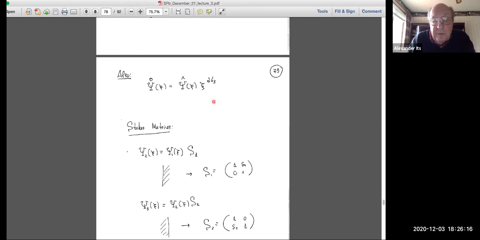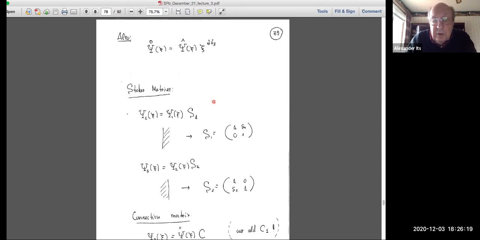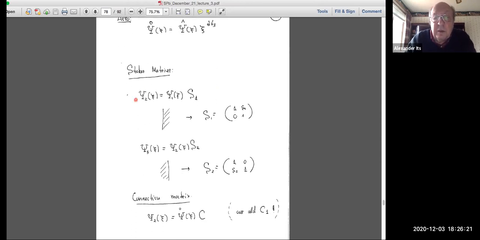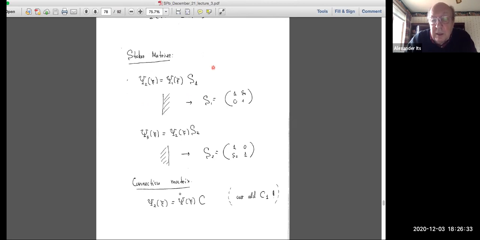Now, what are the monodromy data of the system? First of all, there are the Stokes matrices, the relation between canonical solutions at infinity. Psi2 equals psi1 times S1, because it is a solution of the same equation. So there is a right multiple by a constant matrix. Because in the right half plane, I can use the same asymptotics for both functions, I get that S1 necessarily has to be of this type.